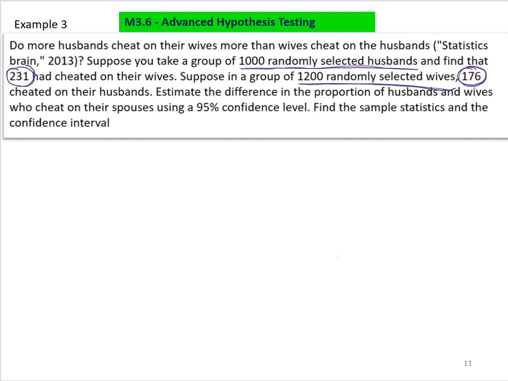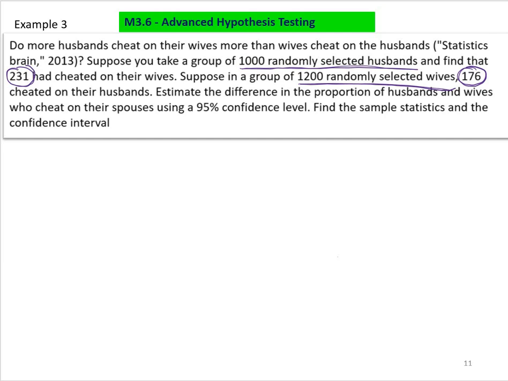Okay, so we have 2 random variables, 2 samples, right? And estimate the difference in the proportion of the husbands and wives who cheat on their spouse using 95% confidence level. So we want to find the confidence interval with a 95% confidence. What is the difference in the proportion of husbands and wives who cheat on their spouse?